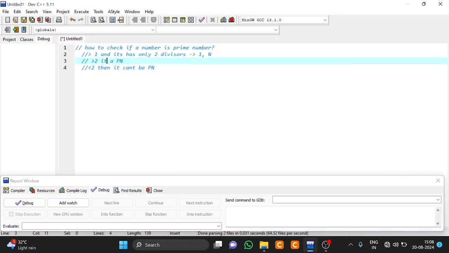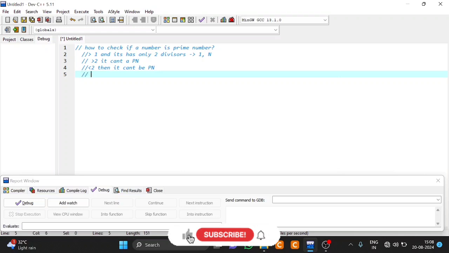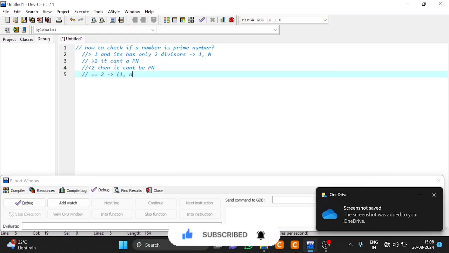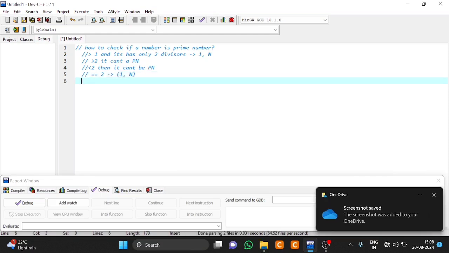Just remember this: if it has more than two divisors, it can't be a prime number, and if it has less than two divisors, it can't be a prime number. A prime number has only two divisors, one and the number itself. So let's write the program.